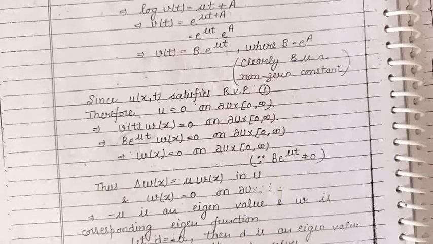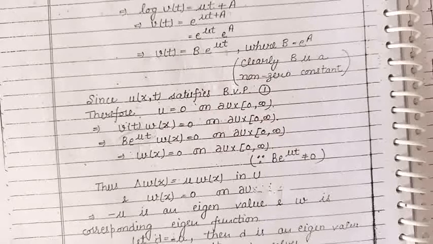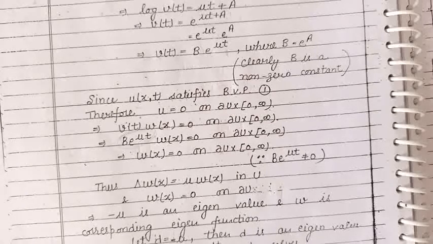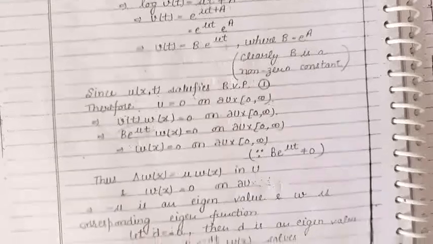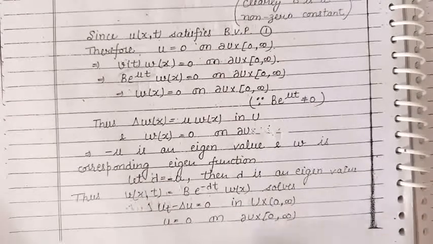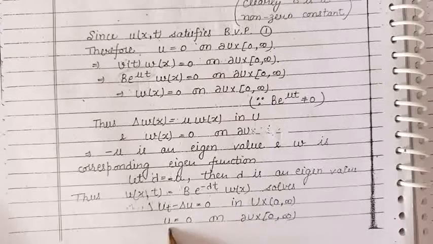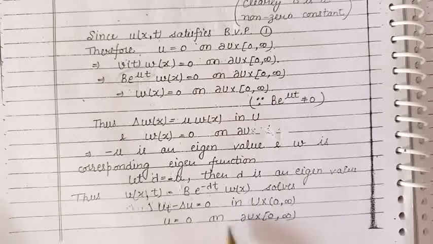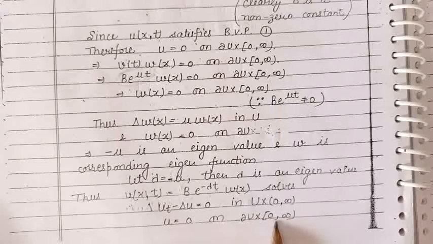So finally we get the value of u as a function of x and t, which is given by b into e raised to the power minus lambda t into w, which solves the problem u t minus del u is equal to 0 in U cross the open interval 0 to infinity, with the condition that u is 0 on the boundary of U cross the semi-open interval 0 to infinity.